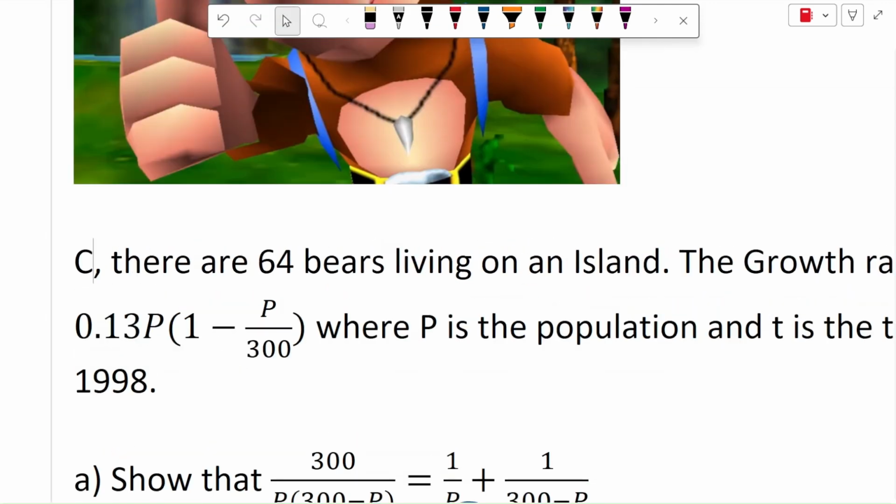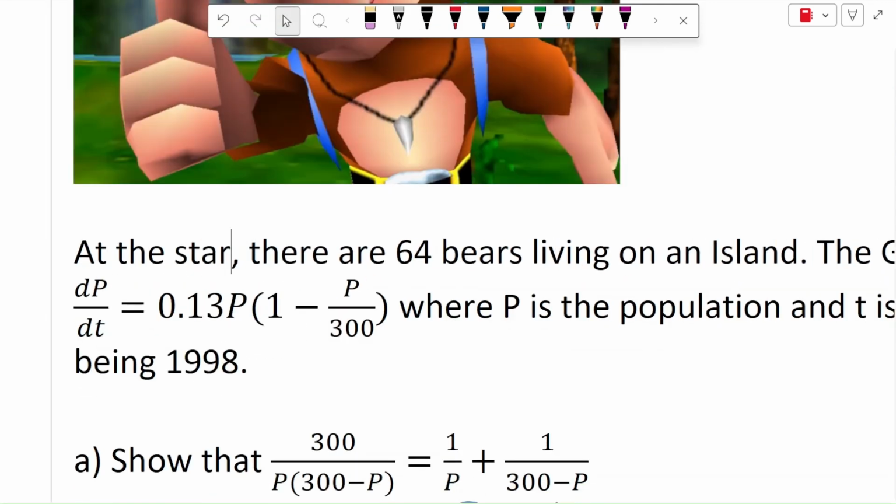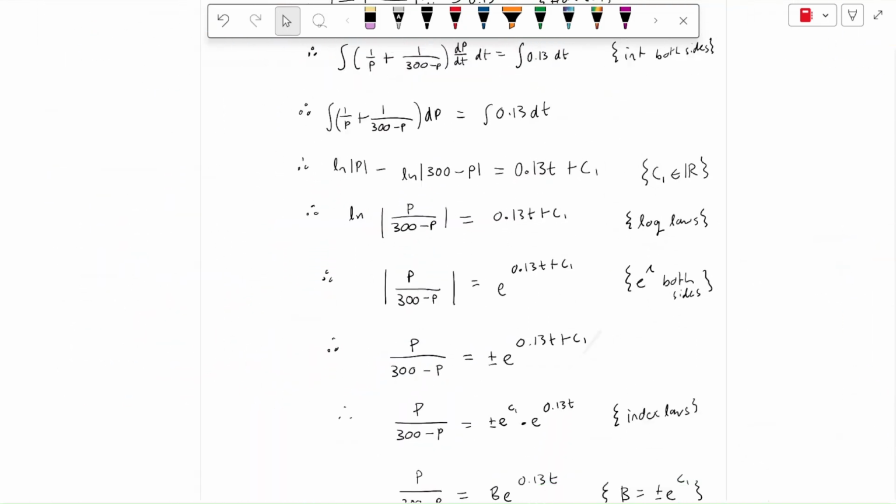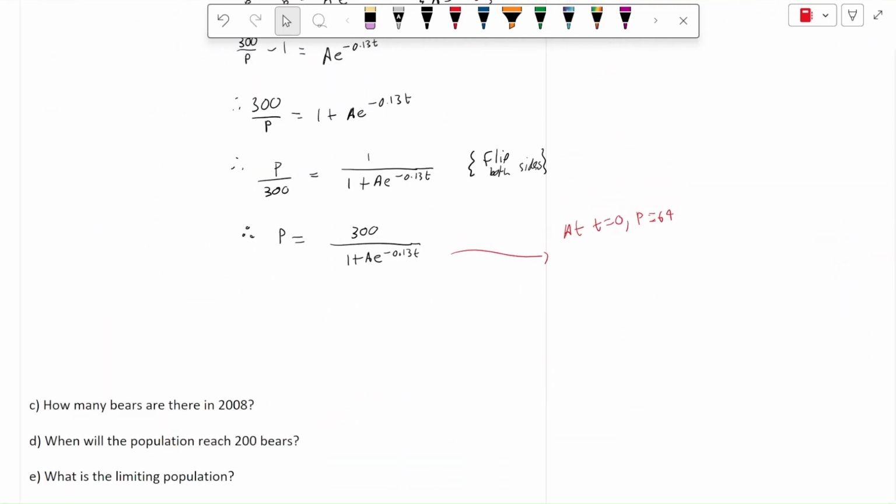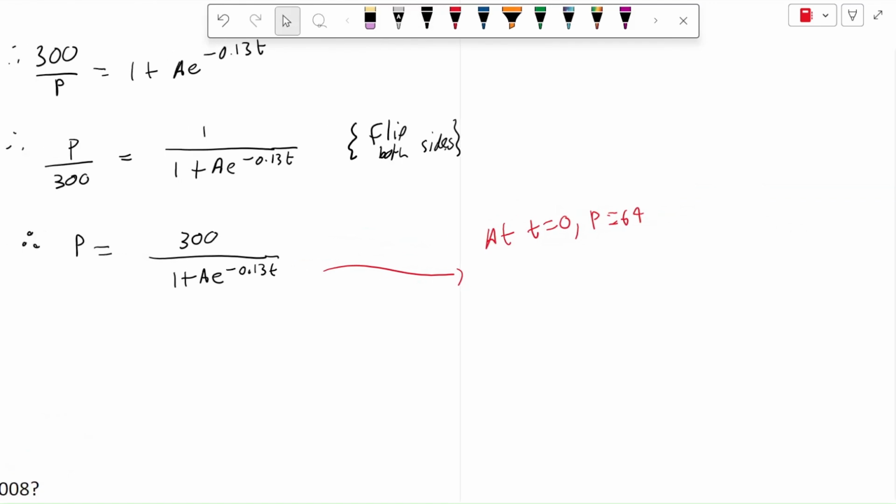Apologies at the start. Okay, anyway, so we got to plug in this. So we've got 64 is 300 over 1 plus a e to the minus 0.13 times 0.